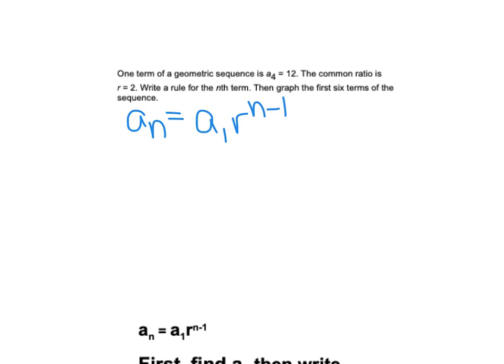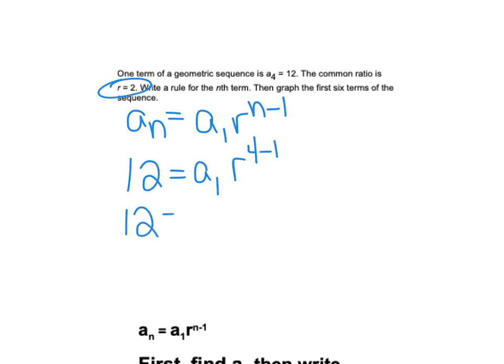The values that we know: n equals 4, because it says a sub 4 equals 12. So a sub n is 12. We don't know what a sub 1 is. We do know that r equals 2. And we're looking at the 4th term, so we're going to have 4 minus 1.